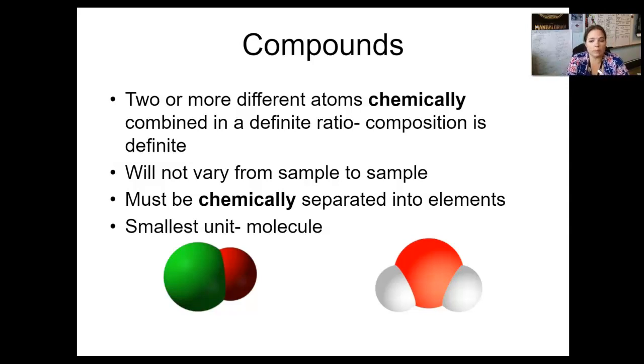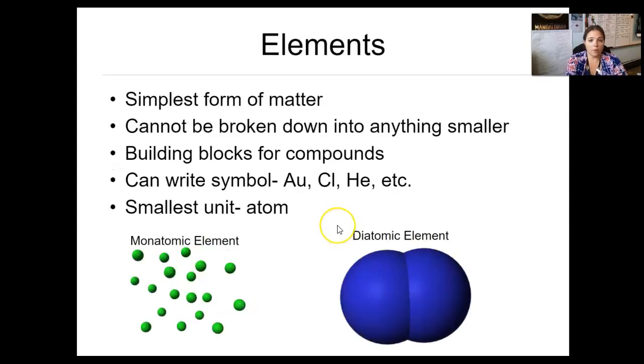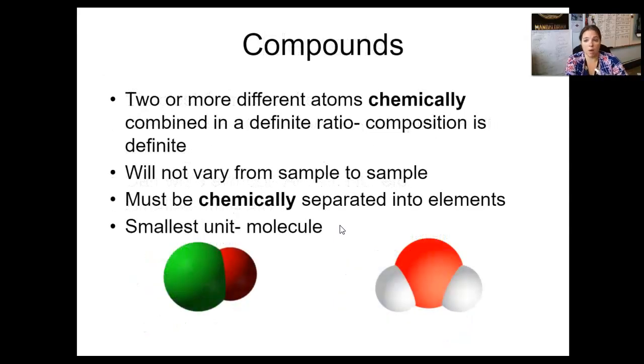It will not vary from sample to sample. It will always be the same throughout. Must be chemically separated into elements. It can't be physically separated, only chemically separated. The smallest unit of a compound is called a molecule. So remember, the smallest of an element is an atom, smallest of a compound is a molecule.